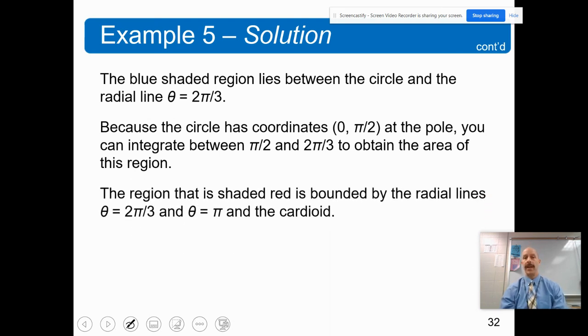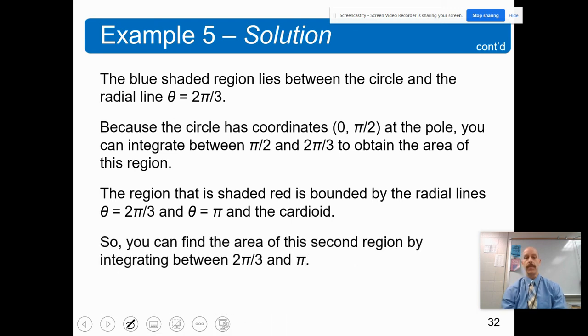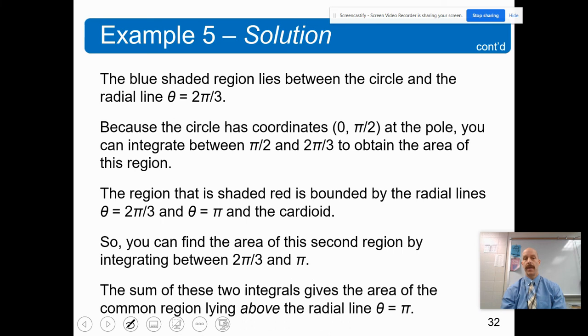The region that is shaded in red is bounded by the radial line 2 pi over 3 and theta equals pi. So you can find the area of this second region by integrating from 2 pi over 3 to pi. The sum of these two integrals is going to give us the entire area that lies above the radial line theta equals pi.